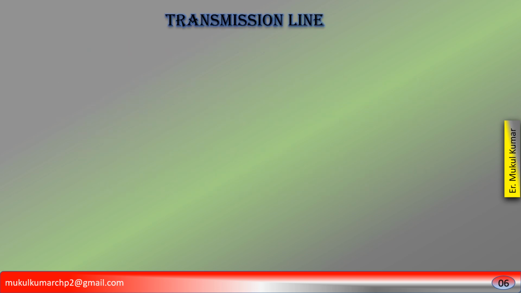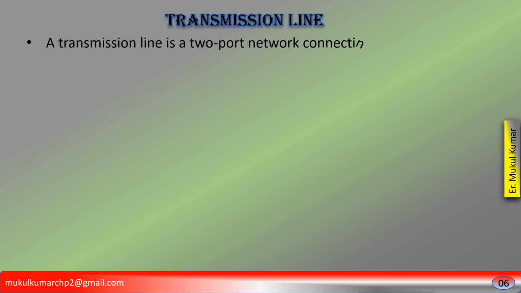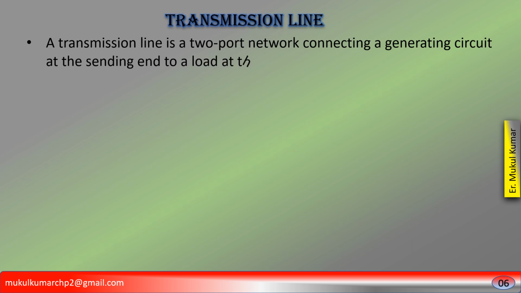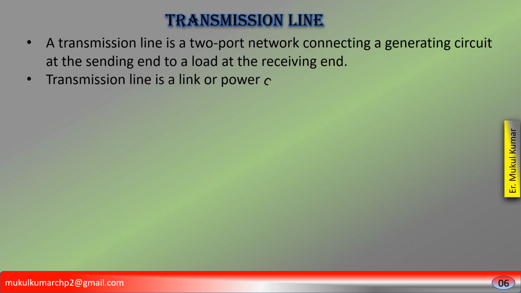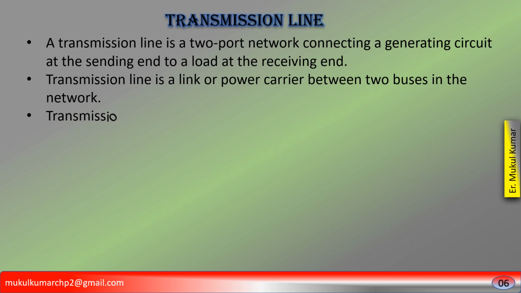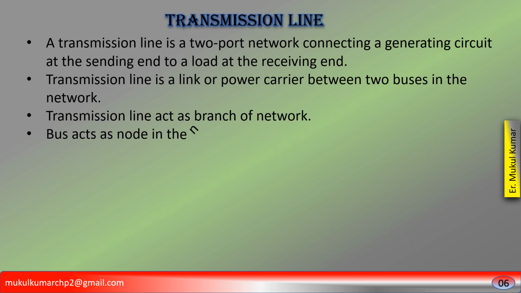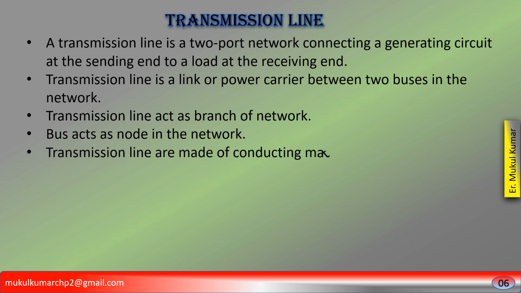Now our next point is transmission line. A transmission line is a two-port network connecting a generating circuit at the sending end to the load at the receiving end. A transmission line is a link to carry power between two buses in the network.